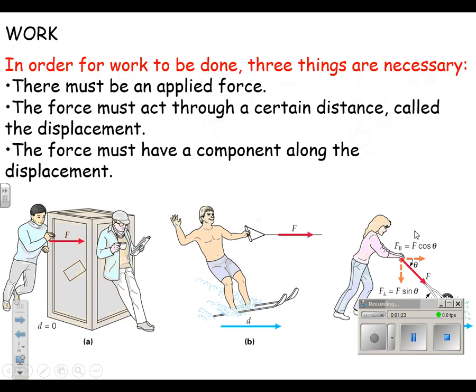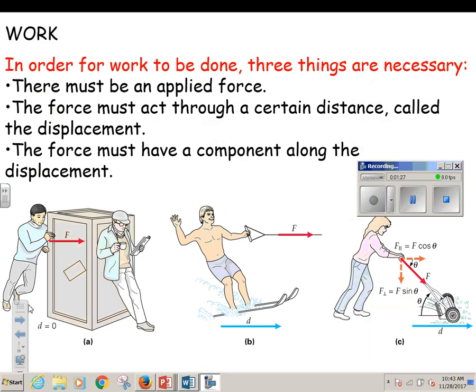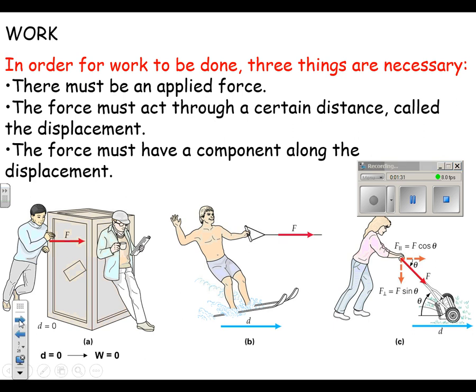If I look at these 3 examples, the first one here has a force but no displacement, so that would be 0 work. The second one has a force and has a displacement, and they're parallel to each other, so they're in the same plane, so there would be work equals force times displacement.